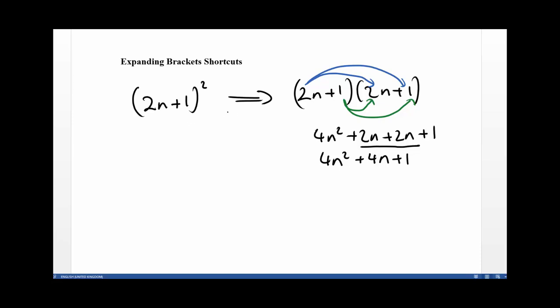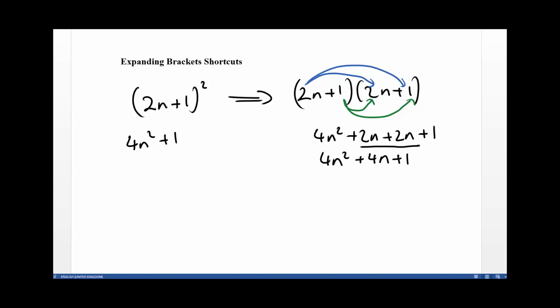Now, doing it a different way, more efficient, over this side. We've got two terms in here. We've got 2n and then we've got a positive 1. Outside the brackets is a squared term. I'm going to square 2n. That's going to give me 4n squared. I'm going to square positive 1. That's going to give me plus 1.